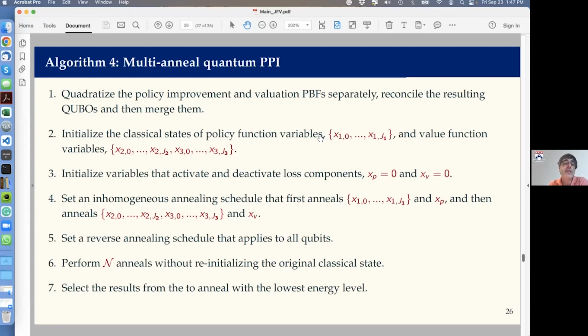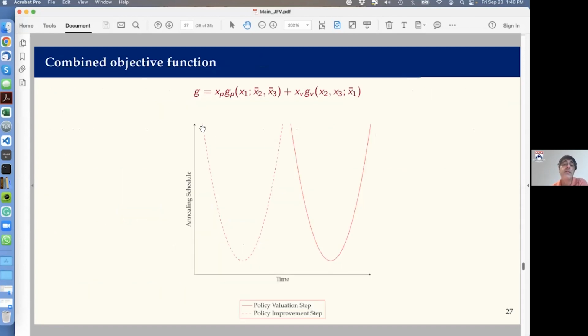We initialize the classical states of the policy function variables and the value function variables, xp and xv. And then we set an inhomogeneous annealing schedule that first anneals over the x1s and xp's, and then anneals over the x2s, x3s, and xv's. So this is the idea.